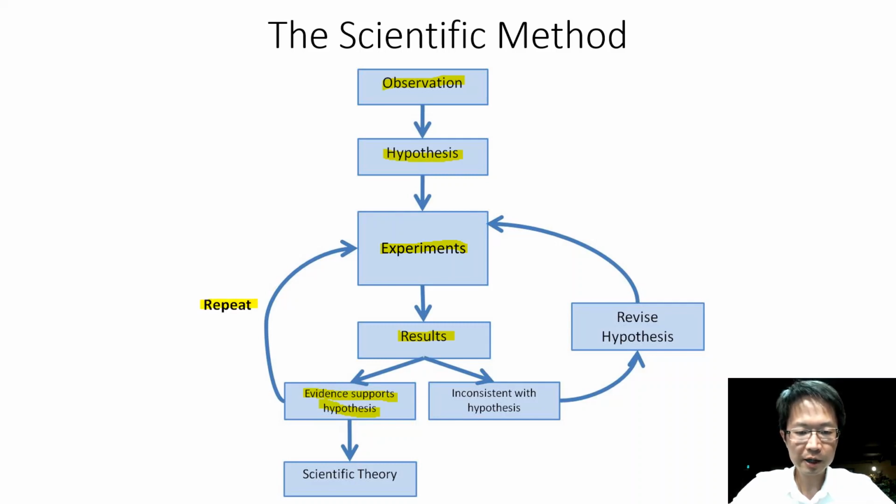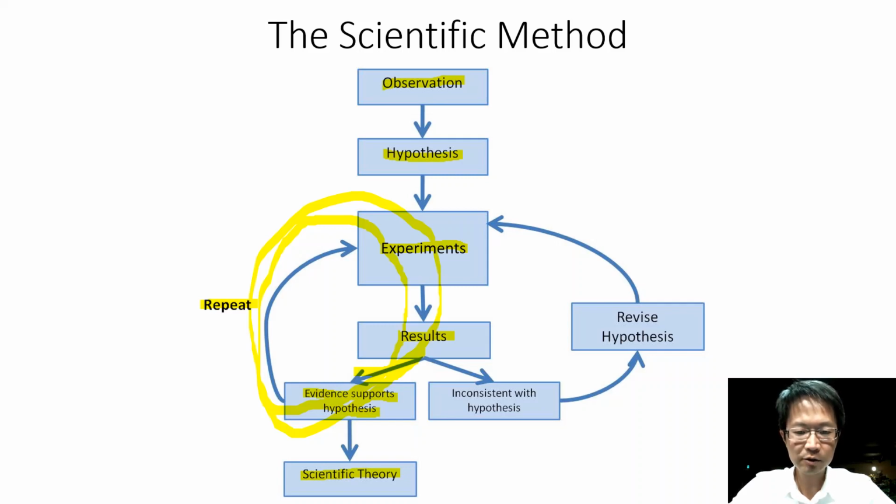They keep on repeating the experiment so many times until they consistently get the same result, then they can form a theory, which means that, okay, the hypothesis is pretty much the truth, the fact.